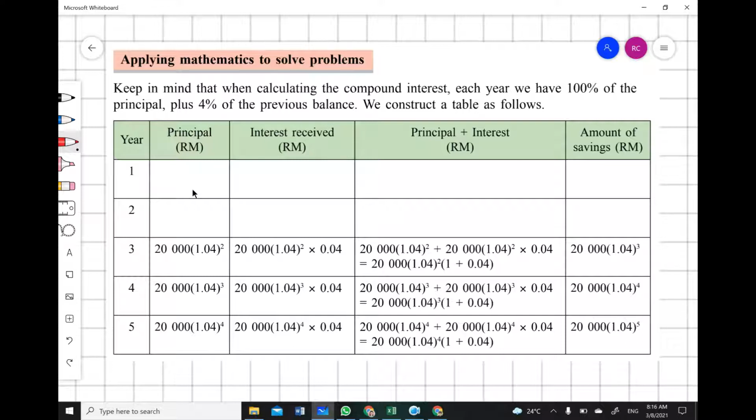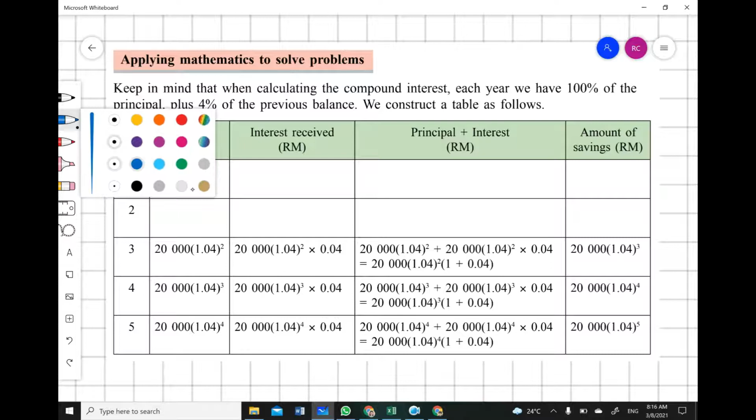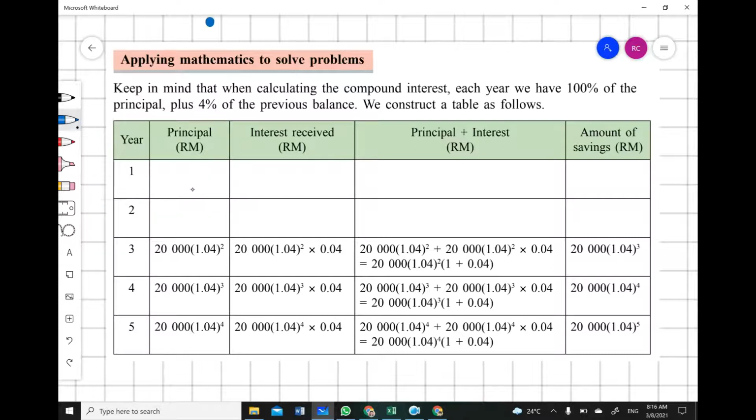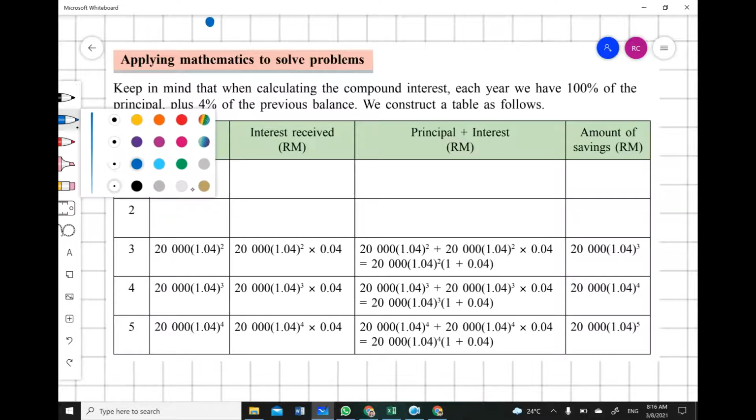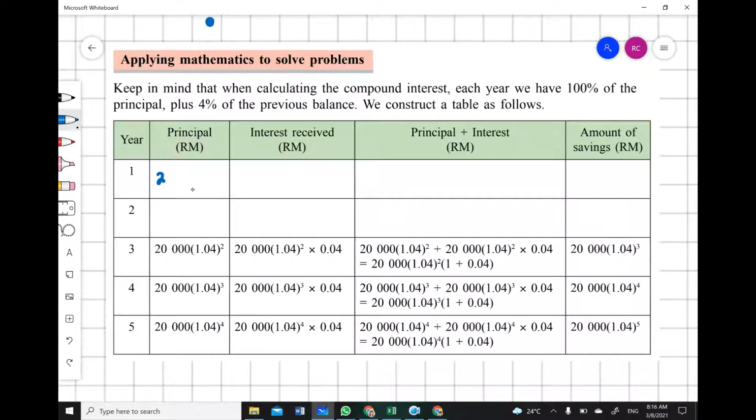So the principal that we know earlier is 20,000, isn't it? 20,000. So for the interest received, we know that the interest is 4% of the previous balance. So what you do is multiply the 20,000 with 0.04. That is the 4%.